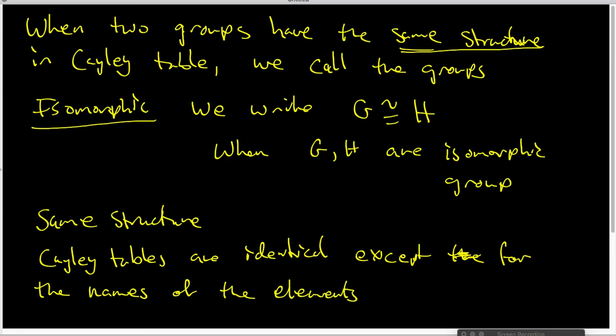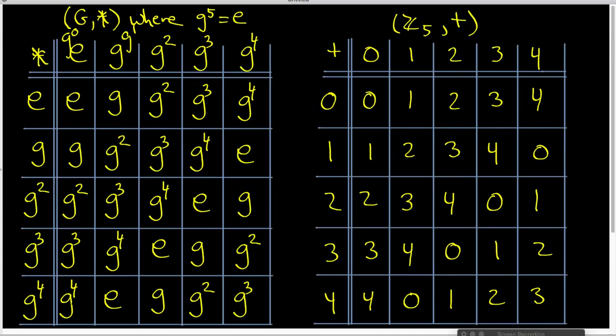So if I go back to look at those Cayley tables for my generic cyclic group of order 5 and Z5, we can see that this G is indeed isomorphic to Z5 because the two tables are exactly the same.